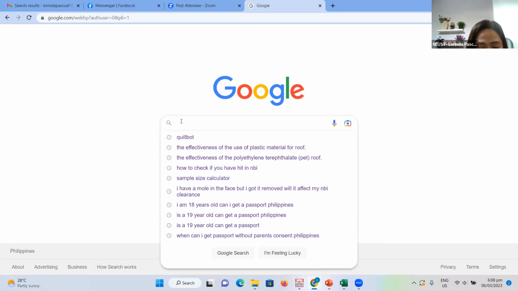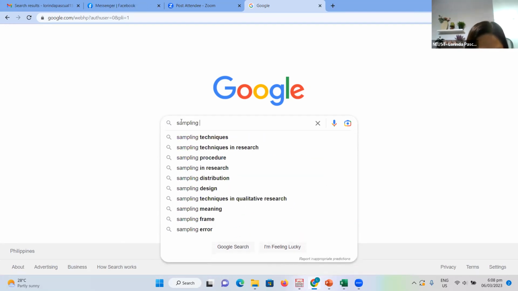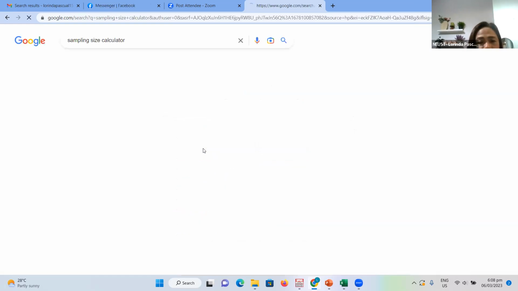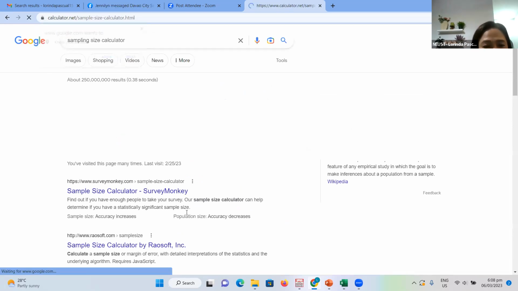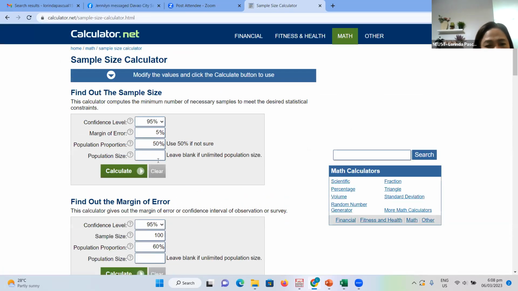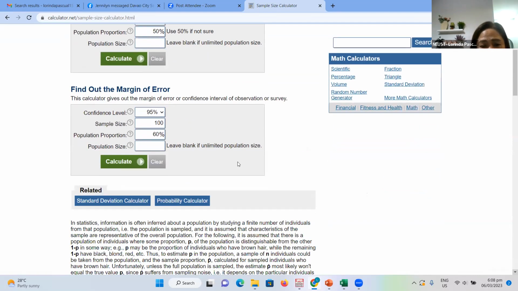So, tignan natin dito sa sampling size calculator. Dito, tignan natin for example, dito sa margin of error natin. Nakikita nyo ba yung screen share ko? Yes po.